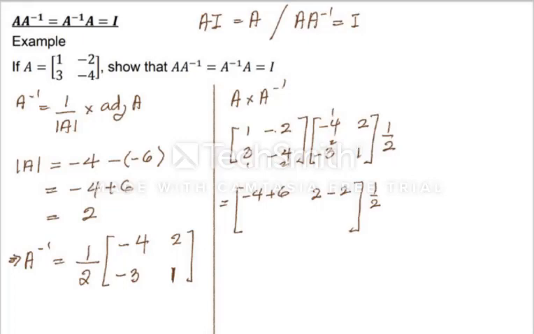Every time you multiply a row by a column, you get an element in the answer. If you multiply the bottom row by the left column, you're going to get the bottom left answer. It's the first element in the row multiplied by the first element in the column, plus the second element in the row multiplied by the second element in the column. So 3 times minus 4 is minus 12. Minus 4 times minus 3 is positive 12.